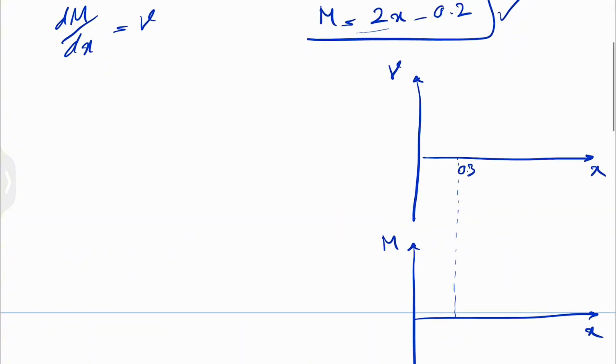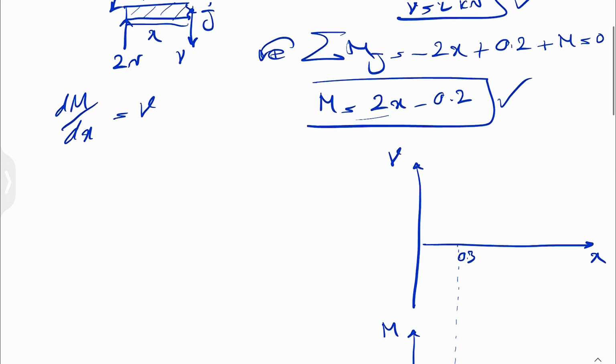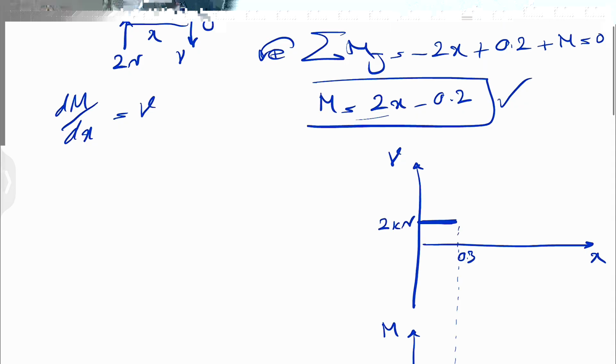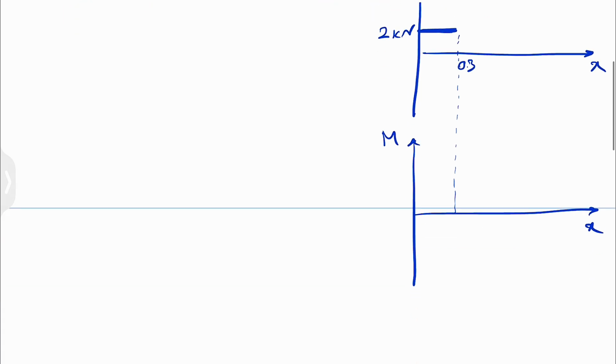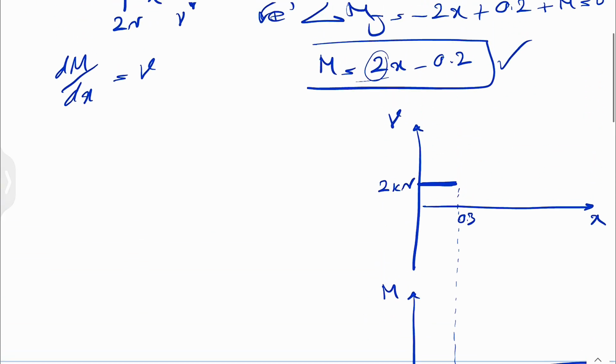So the value we got for the shear force is the constant value of 2. So I'm just going to show it as a straight line, 2 kilonewtons, and our moment slope is positive, and it's going to start, if we put x equal to 0, we're going to get minus 0.2. So going to start from here, and if we get to 0.3, we're going to go above the x-axis.